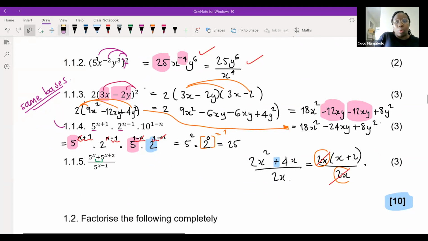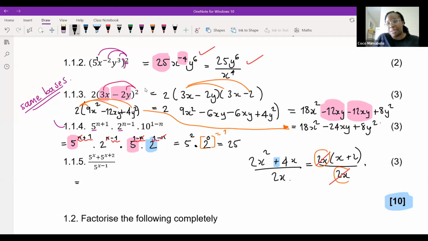Okay, cool. So when we get to this question over here, guys, I'm going to factorize, but the thing that I'm going to factorize out is 5 to the power of x. I'm going to take 5 to the power of x out. But before I can do that, I'm going to split these, so I'm going to rewrite this. Yes, Mfundo, correct.